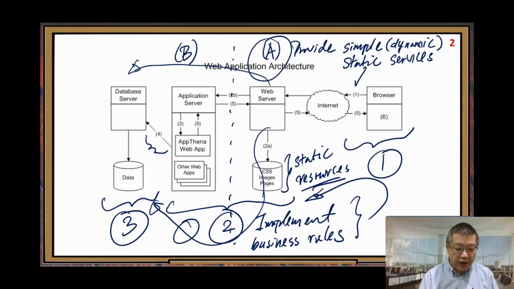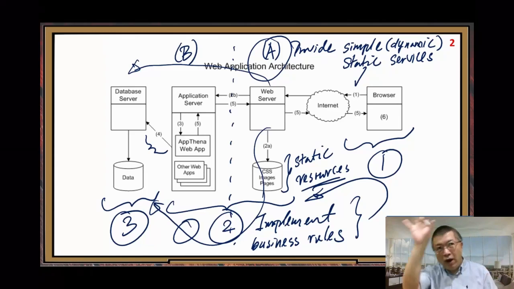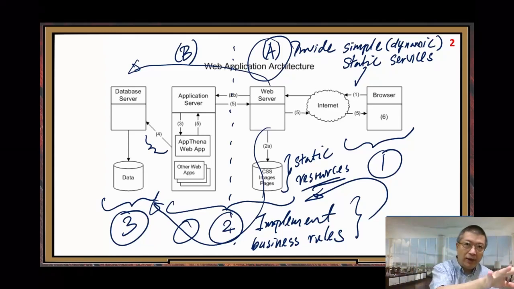All right. So here I just emphasize that part. Based on that understanding, you can see step 4 involves only the application server, the back layer of the business tier. That's the back layer, not the front layer. The business tier is divided into 2 layers, the front layer and the back layer.